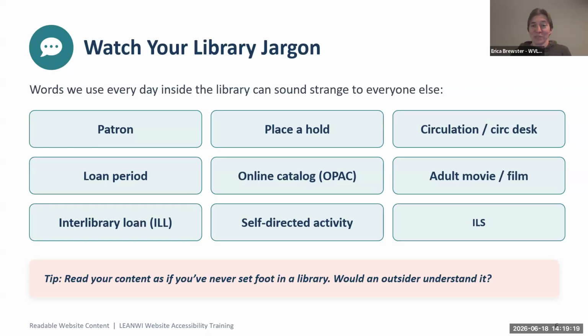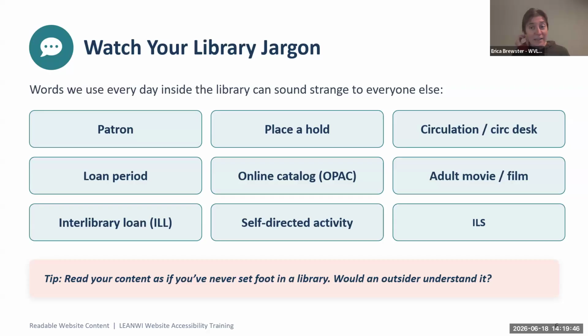Another fun experience when I came into libraries was seeing the big sign above a set of DVDs that said adult movies. And I'm like, I didn't realize that we had that kind of material broadly advertised in our collection. We use the term adult films in a very different way than the general public may think of it.